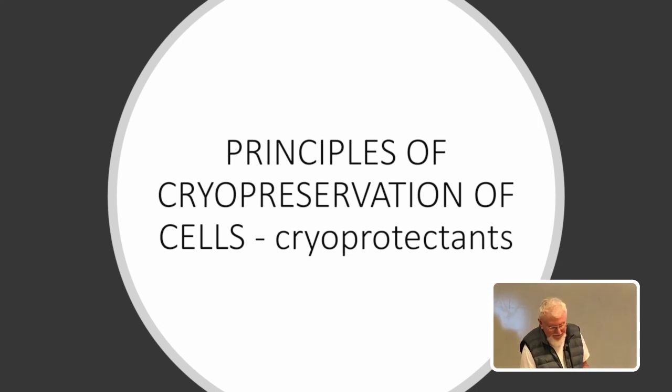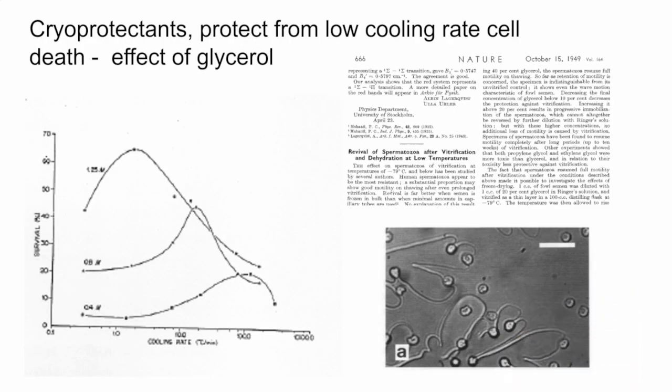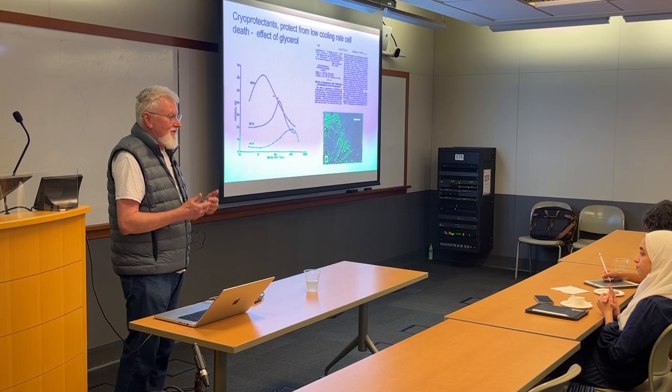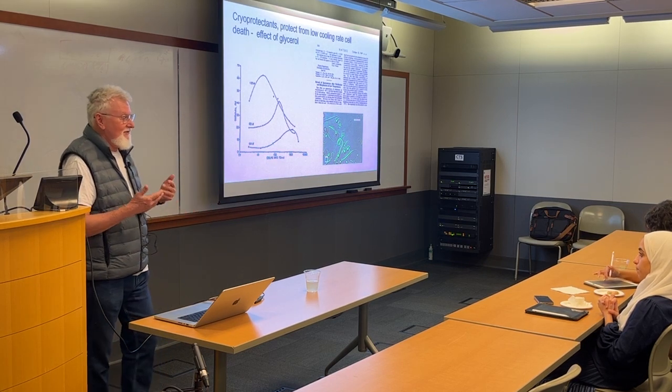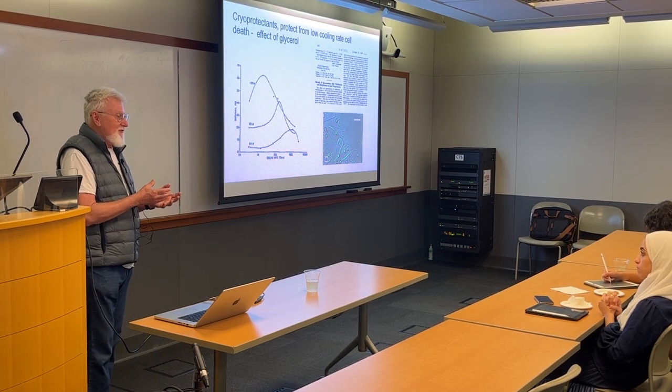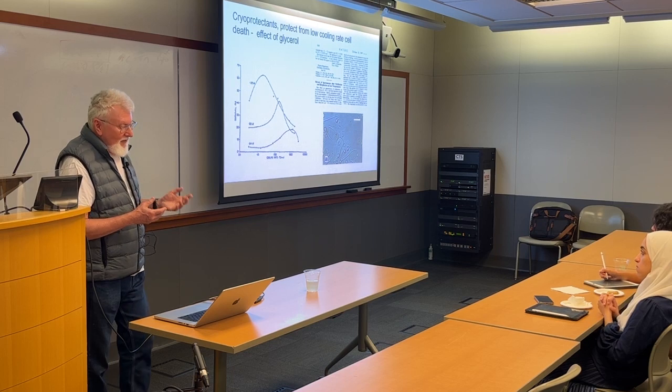They show that as you increase the concentration of those chemicals known as cryoprotectants, you improve survival, and the survival is improved during freezing with low cooling rates. Obviously, what this means is that the effect is on chemical concentration of the solution inside the cell.